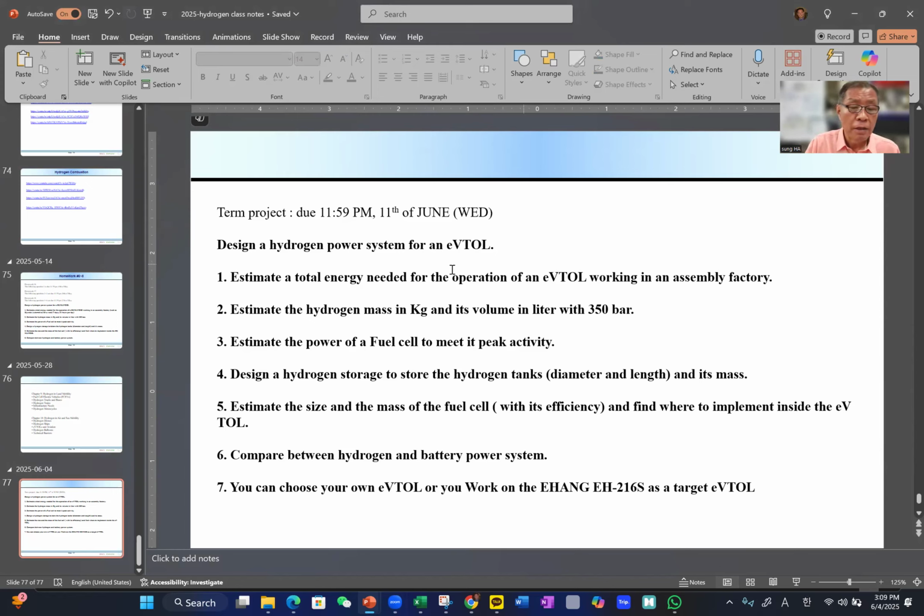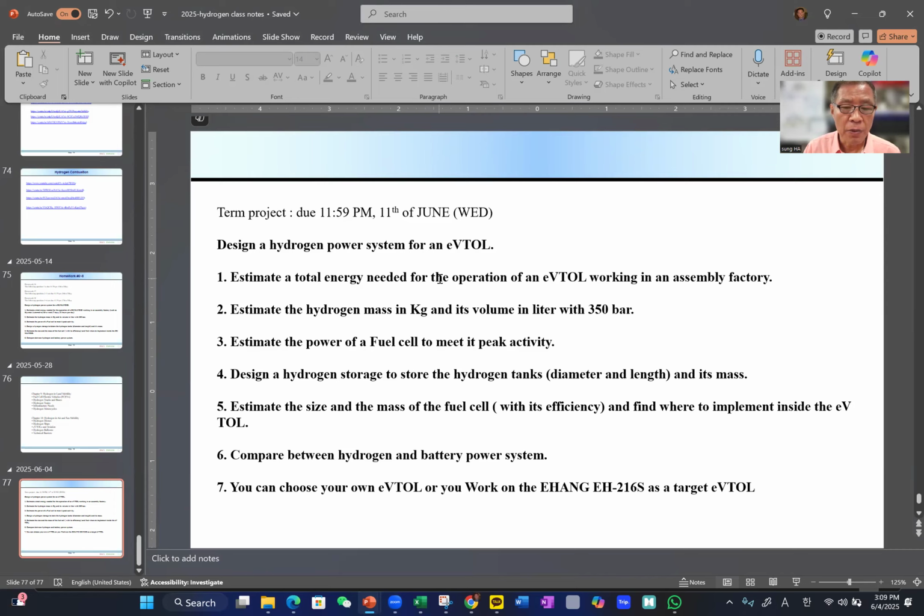So this term project is pretty much similar to the last homework, where we designed a hydrogen power system for a humanoid.